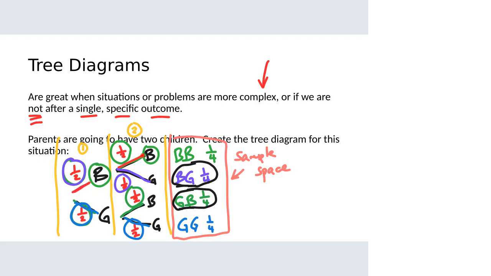When I walk along the path, one event followed by another, that's when we multiply. Once we've created our sample space, we're done multiplying. That's it. At this point, if there's more than one way to have a success, we're going to have to add. Please let me know if you have any questions on that, because that's where this can get a little complicated.